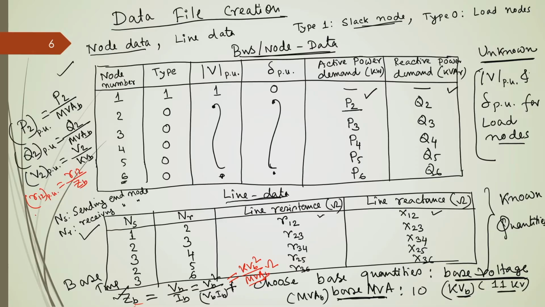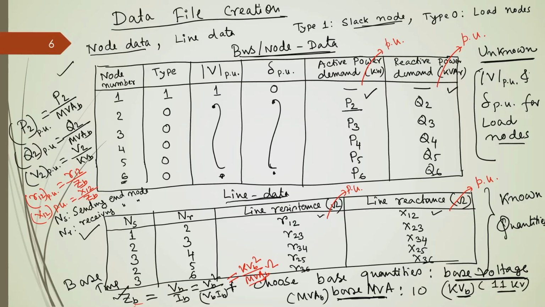Similarly, X12 per unit will be the actual value of X12 in ohm, line reactance, divided by Z base. Now, you convert all these ohm values to per unit before starting your load flow algorithm. Similarly, all kilowatt active power demand into per unit and all kVAR reactive power demand into per unit before you start the load flow program.